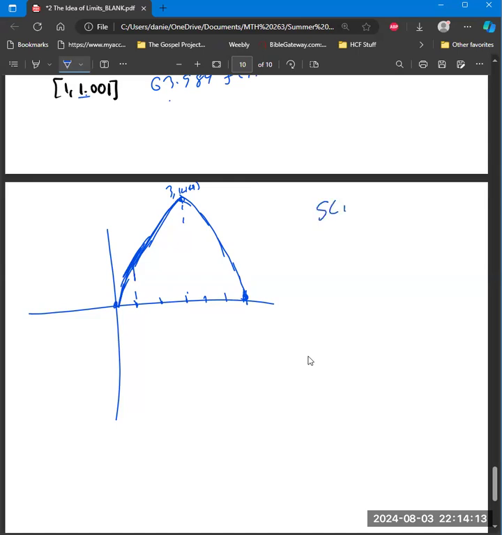So s of 1 is equal to negative 16 times 1 squared plus 96 times 1. It's negative 16 plus 96, which is 80. So we have the point (1, 80), which is going to be one of my points that I'm going to use. That's always my left point for this example.